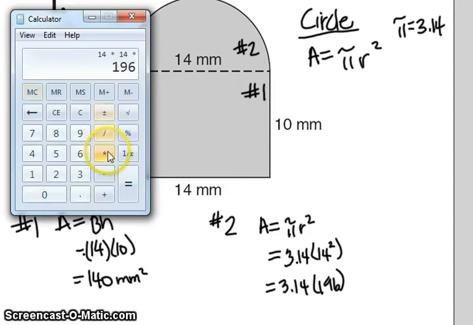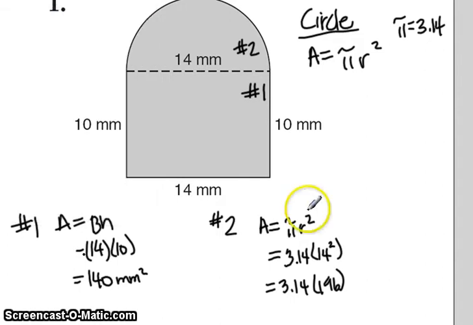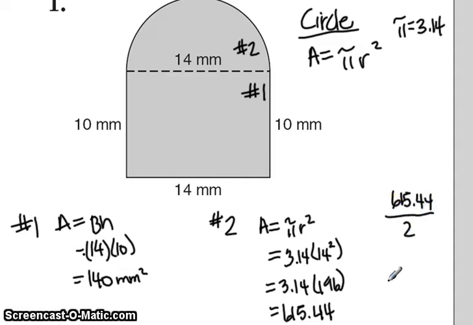Then I'm going to take that times 3.14, and my area is 615.44, but that is for a whole circle and we just have a half. So we're going to have to take 615 and divide by 2.